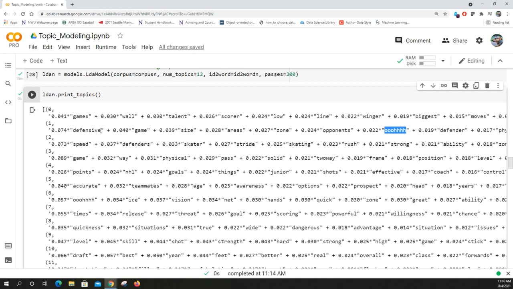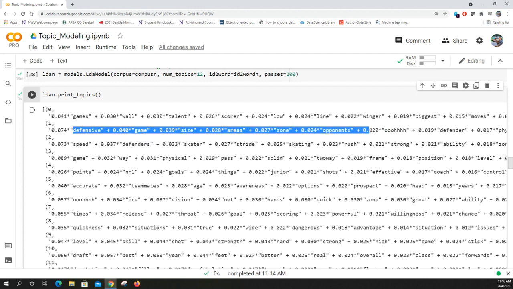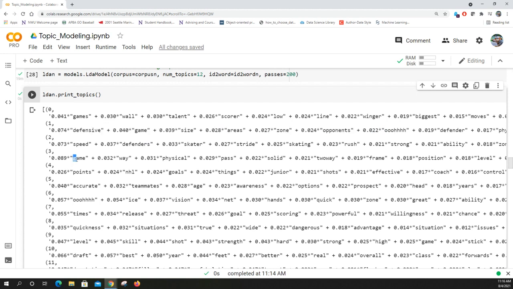But I would suggest, just looking at it, that there's actually a lot in common between topic 1 and topic 3, where we're seeing physical and game. The combination of words physical game shows up a lot in these scouting reports, I can say, after having read all of them at some point. Solid two-way frame.